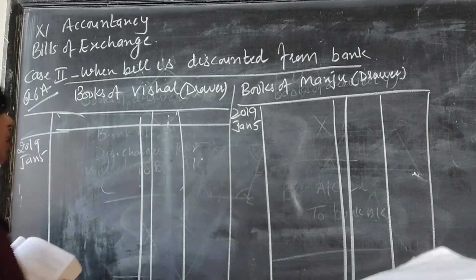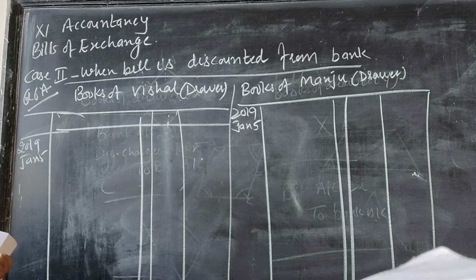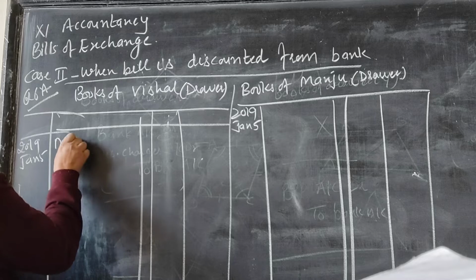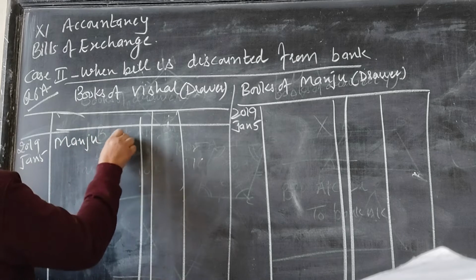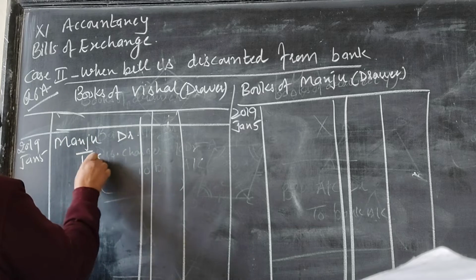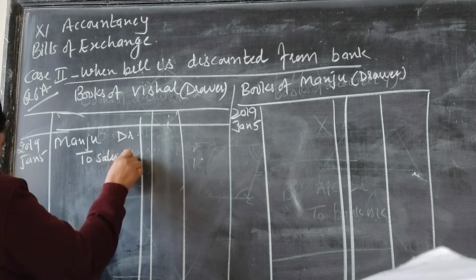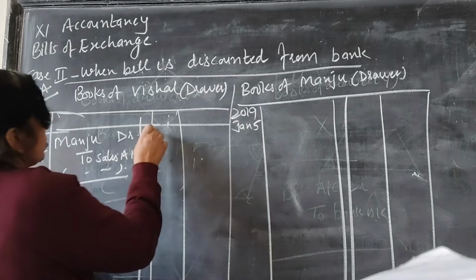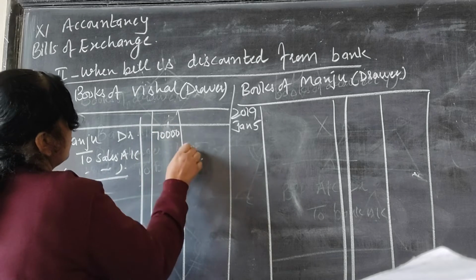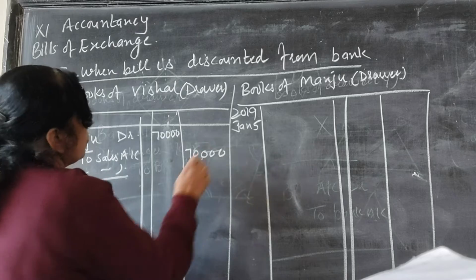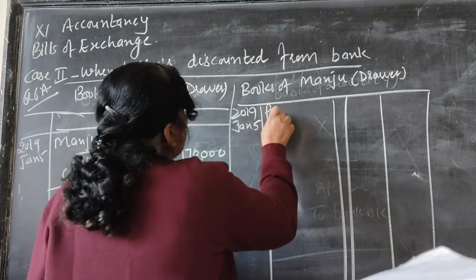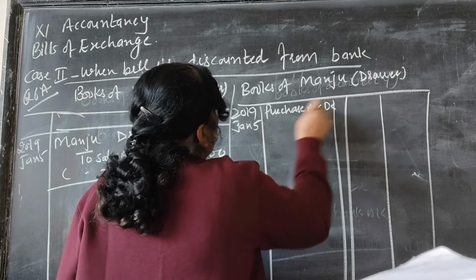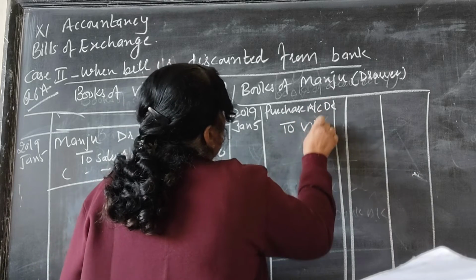In the books of Vishal, the entry will be Manju debit to sales account, for rupees 70,000. In the books of Manju, purchases account debit to Vishal.